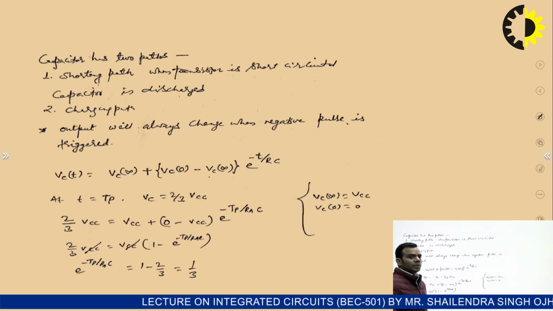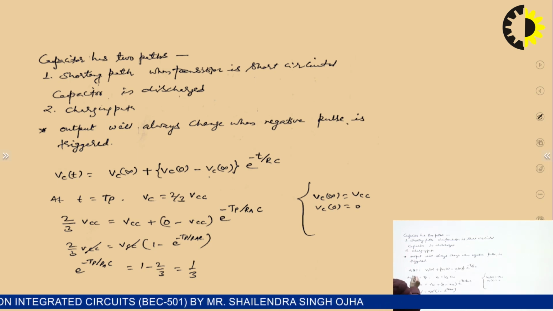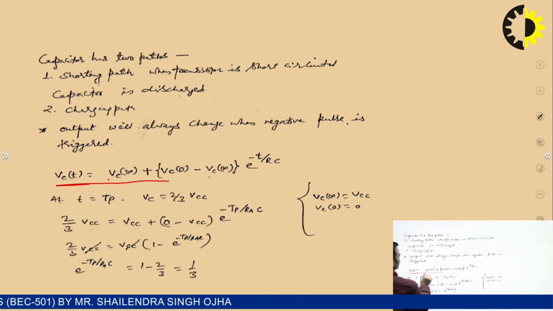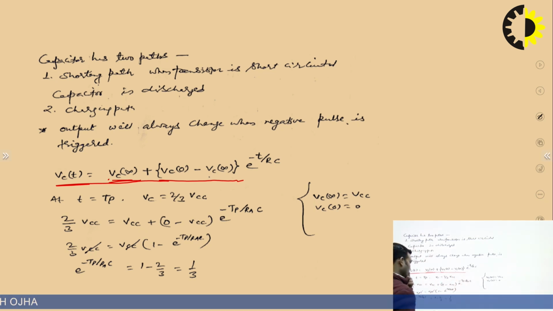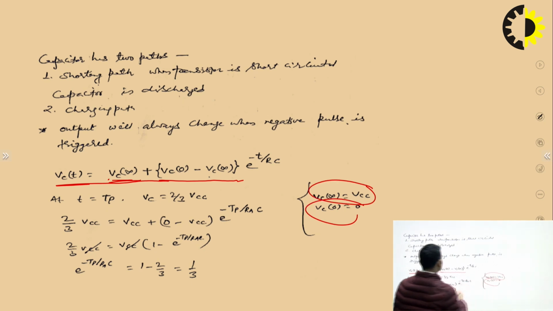So let us try to find out the time for which the output will remain high. You know, this is the formula of voltage across the capacitor: Vc = Vc infinite + (Vc0 minus Vc infinite) into e to the power minus t upon RC. And you know that Vc0 is equal to 0 and Vc infinite is equal to VCC.